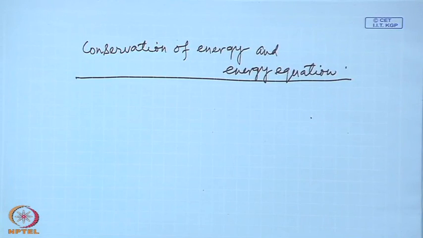As you know, the first law of thermodynamics, usually we call a statement of energy conservation. The first law of thermodynamics states that the internal energy of a system changes due to the work done on it and due to the heat added to it.